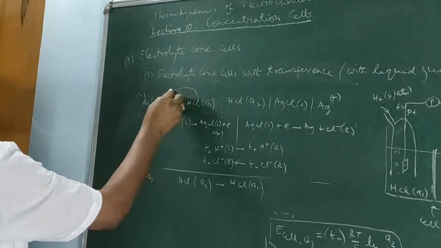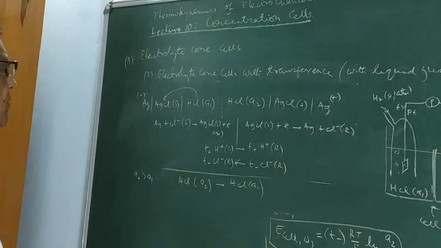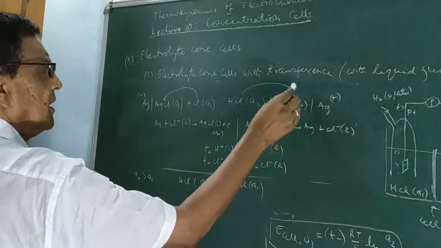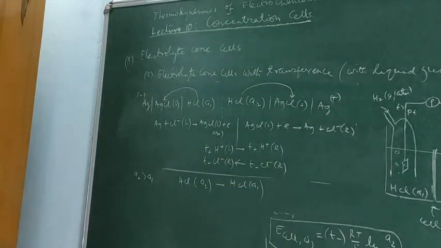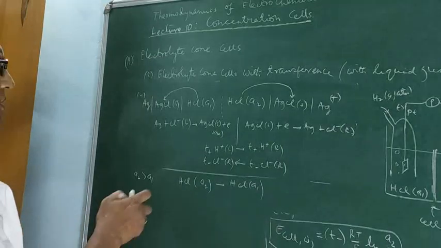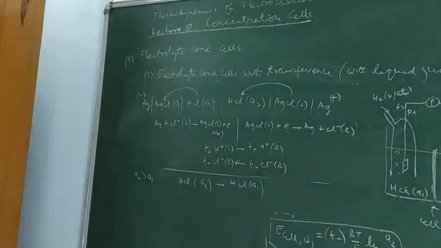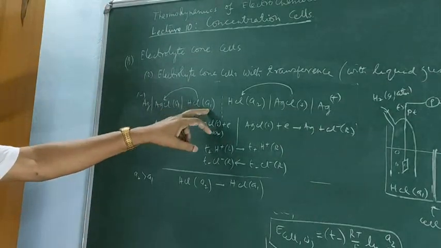The chloride ion is depleted here and deposited there, and this chloride ion comes from the other side. So A1 must have the higher value, the higher concentration of hydrochloric acid.